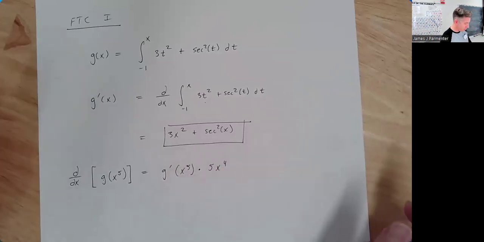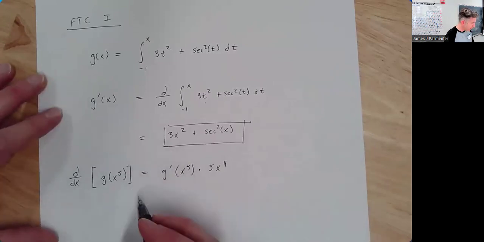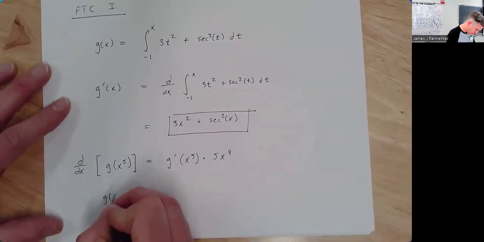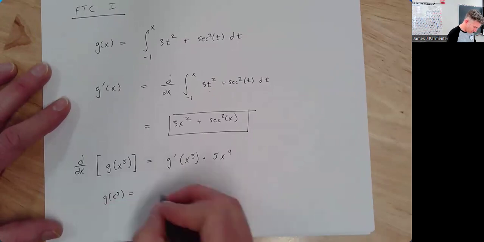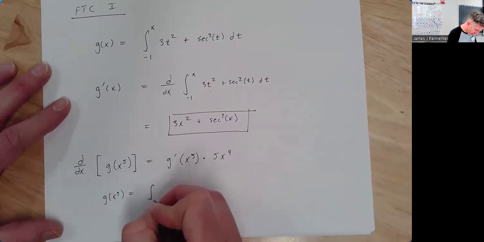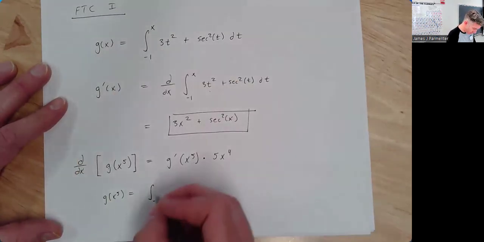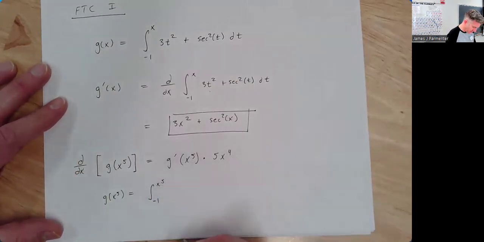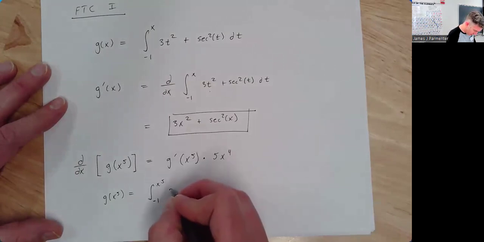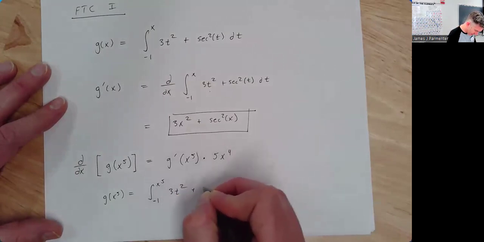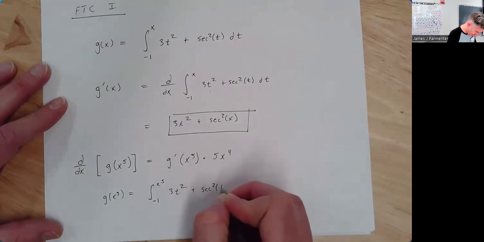Okay, check this out though. G of x to the fifth is equal to the integral from negative one, if I'm using the same function here, to x to the fifth of 3t squared plus secant squared of t dt.